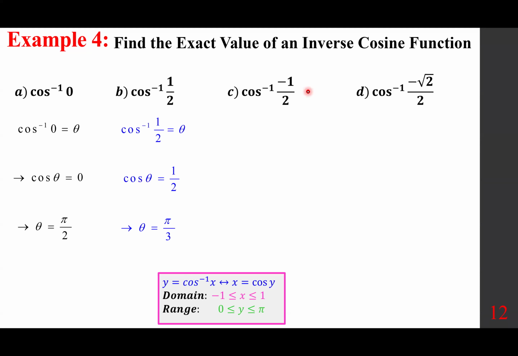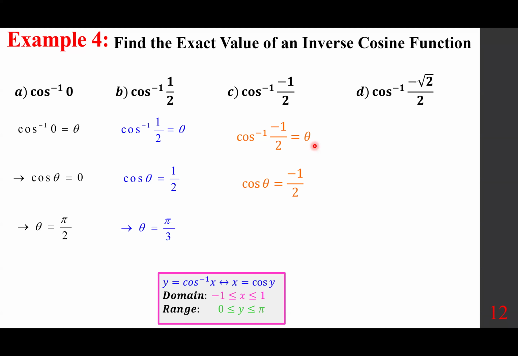Cosine inverse of negative 1/2. Again, set it equal to theta, and by definition of an inverse function, cosine theta must be negative 1/2. And remember, the domain of cosine that we have restricted is from 0 to pi, and it is positive in the first quadrant, negative in the second quadrant.